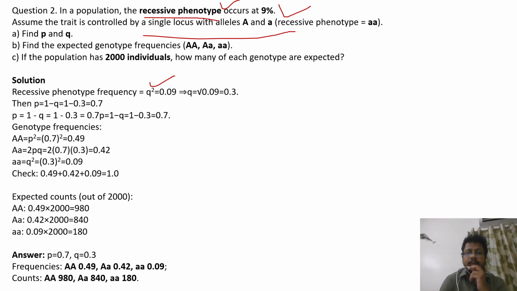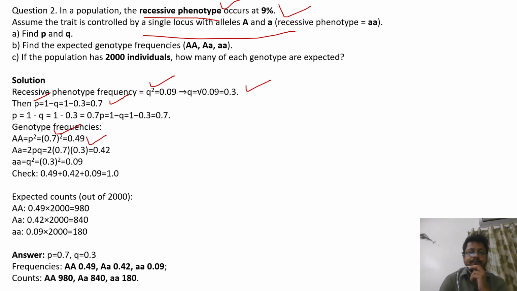So Q will be 0.3. From P plus Q equals 1, P, the frequency of the dominant allele, will be 0.7.